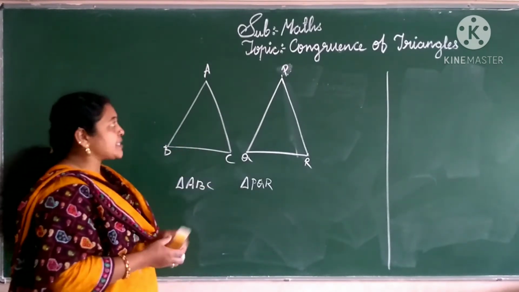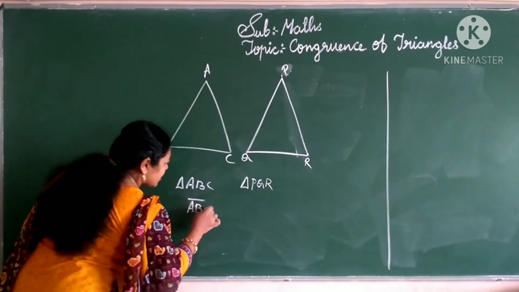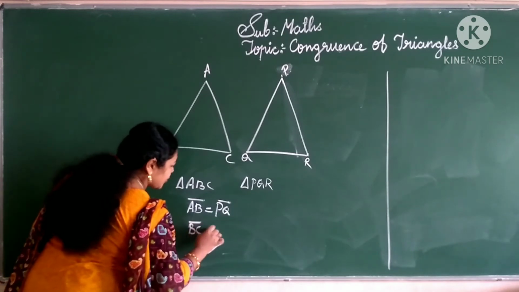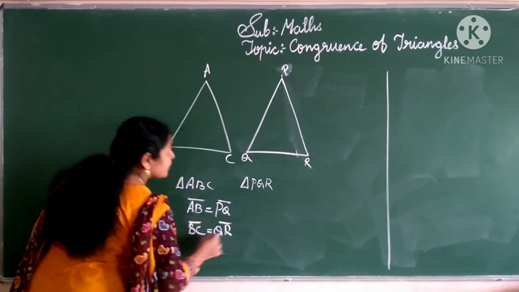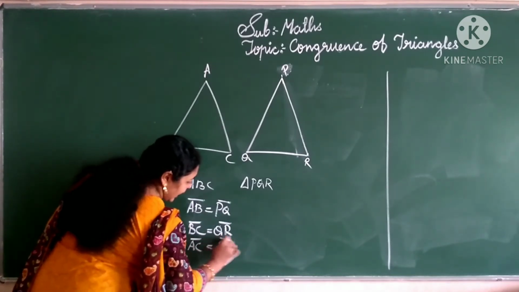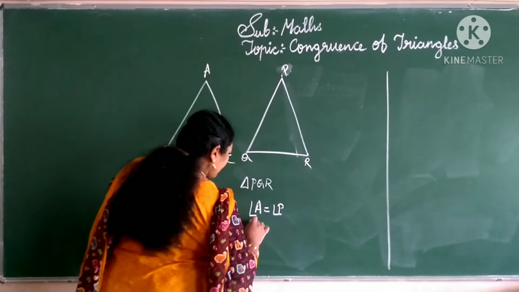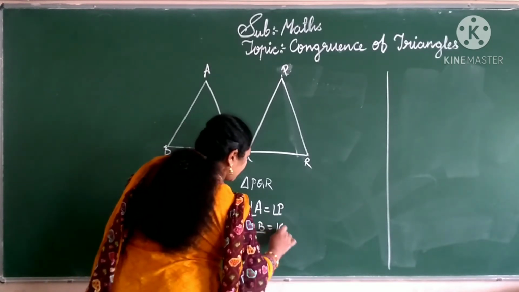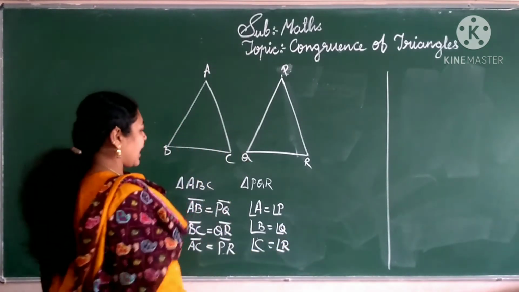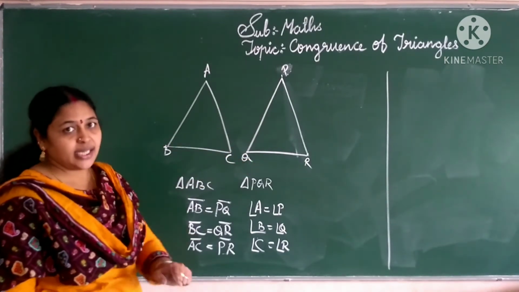How do they have to match? Line segment AB should be equal to line segment PQ, line segment BC should be equal to line segment QR, and line segment AC should be equal to PR. Angle A should be equal to angle P, angle B equal to angle Q, and angle C equal to angle R. Then we can say these two triangles are congruent to each other.